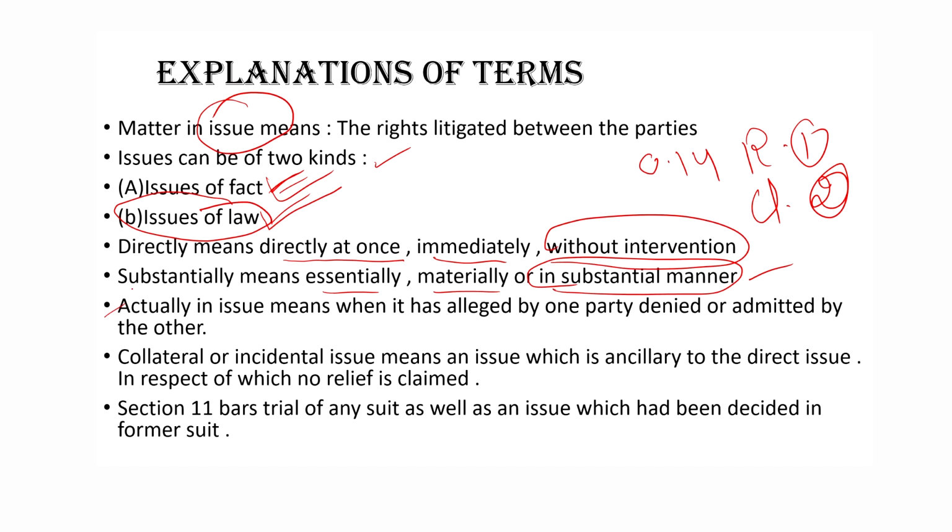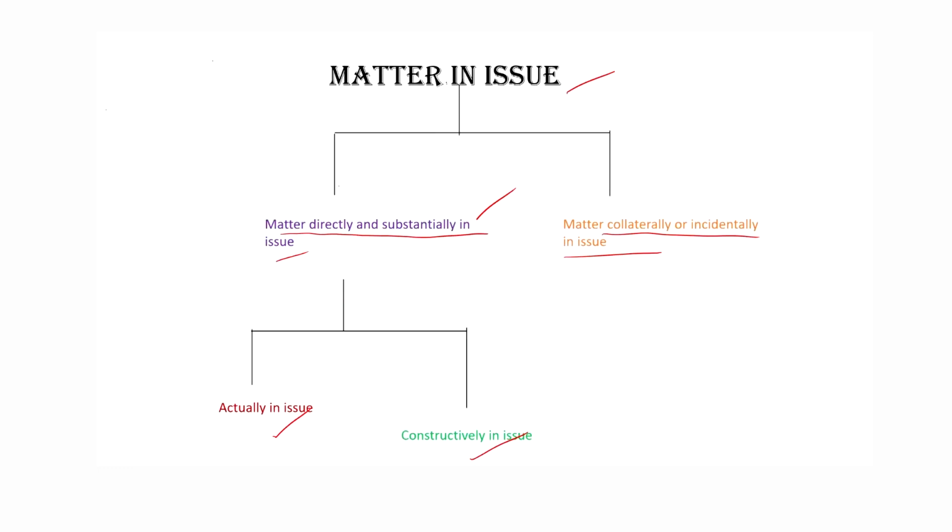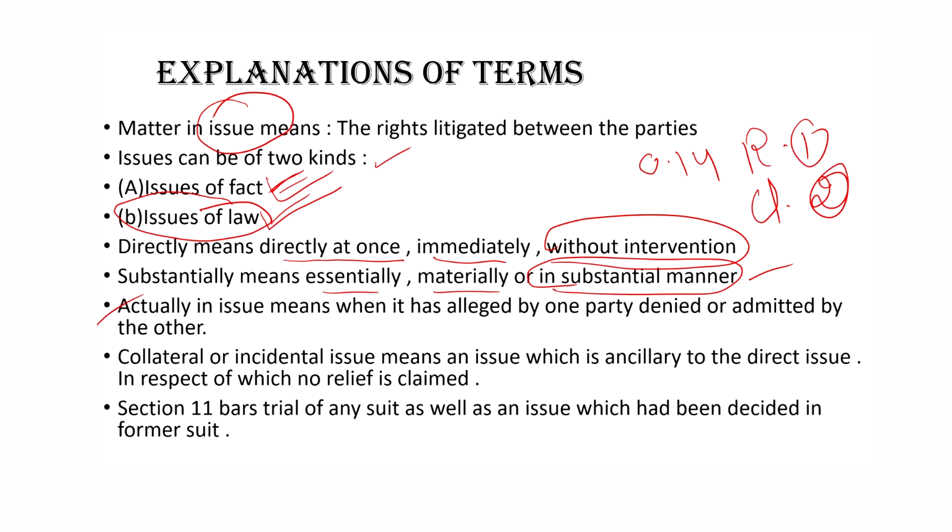Next point, if you see this diagram, you can come to know that directly and substantially can be divided into two parts, because this is also an important thing. Sometimes this direct and substantially becomes a little bit confusing. Actually in issue means when it is alleged by one party, and denied or admitted by the other.